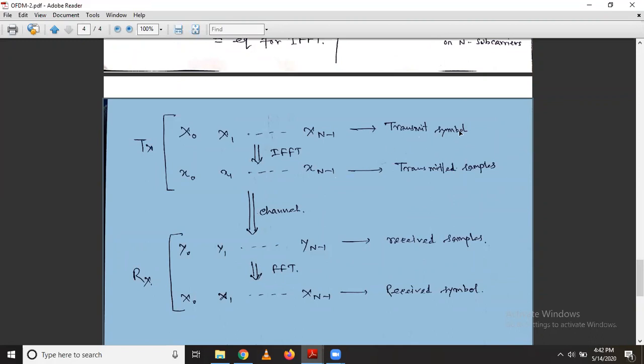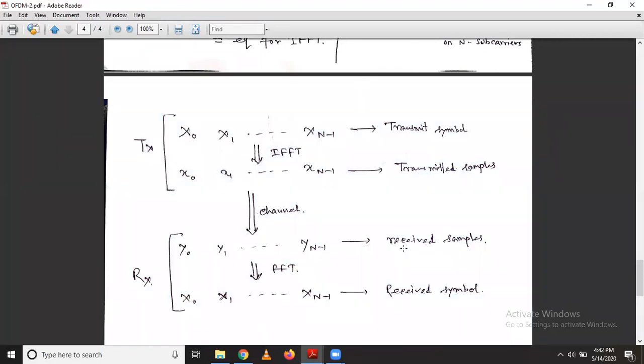So this is the transmitted symbol. Applying IFFT, we will get samples transmitting through the channel. And at the receiver side, we will have the received signal. How to get capital X? By applying FFT on this.